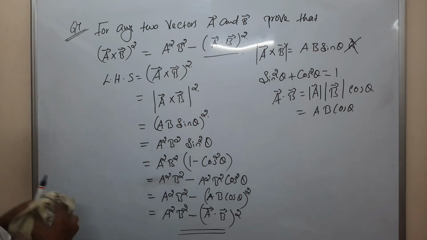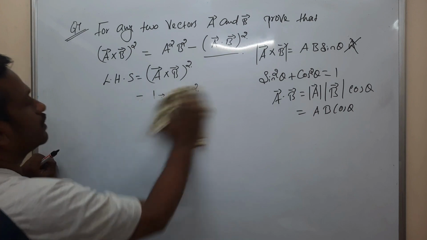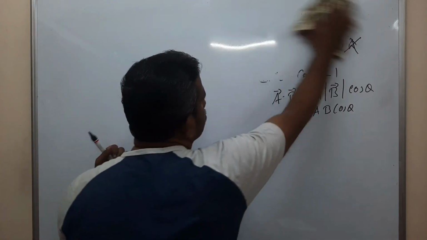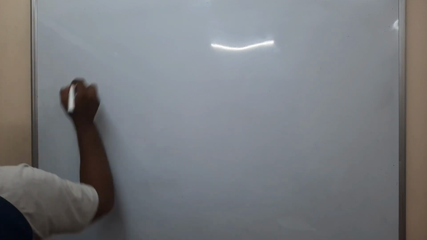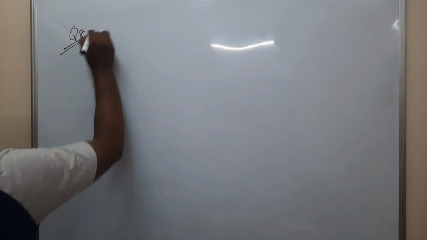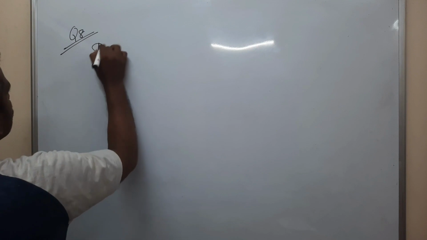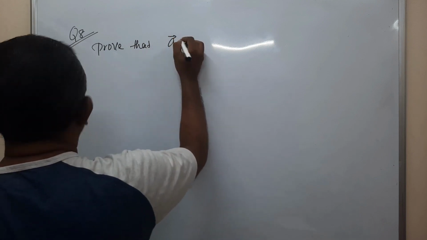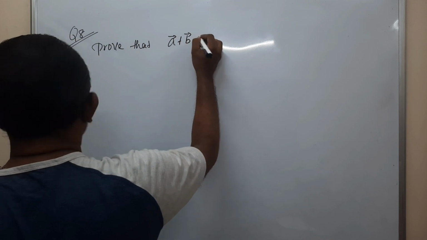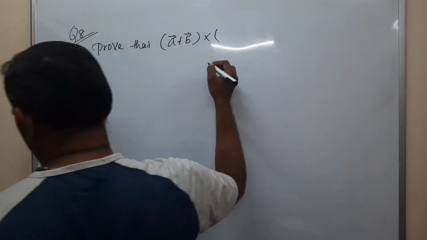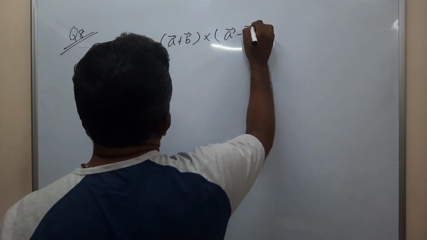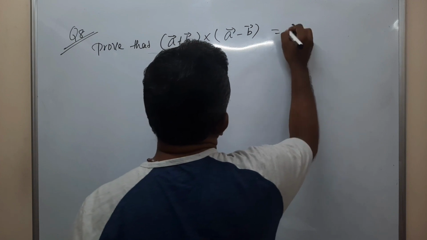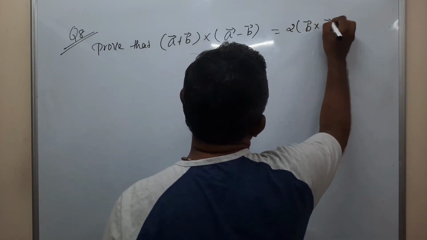So the next question, eighth question. Prove that A vector plus B vector cross A vector minus B vector is equal to 2 times B vector cross A vector.